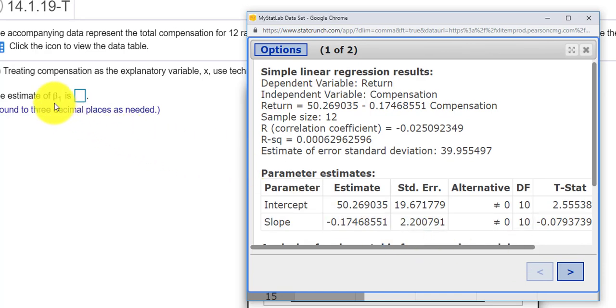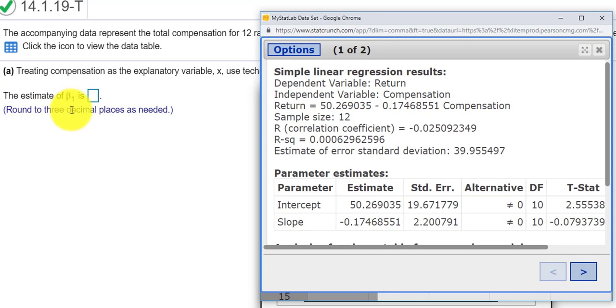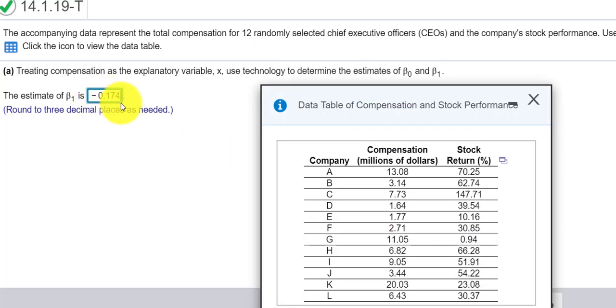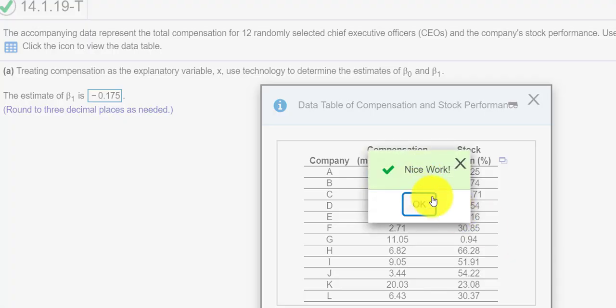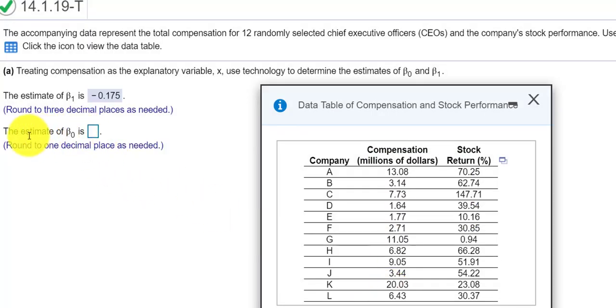Okay, so this beta sub 1, you think of that as the slope. We need to go 3 decimal places, so 1, 2, 3. I have to round that 4 up to a 5. I press check answer, and I get a nice work. So that's good. First part done. Second part, beta naught.